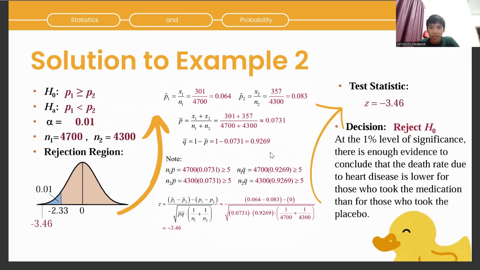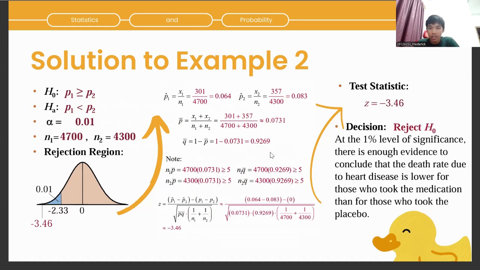So we find the values of P1 and P2 by dividing X by N to get P1 equals 0.064 and P2 equals 0.083. Then we input a weighted estimate of the two, and by inputting the previous variables, we get 0.0731.